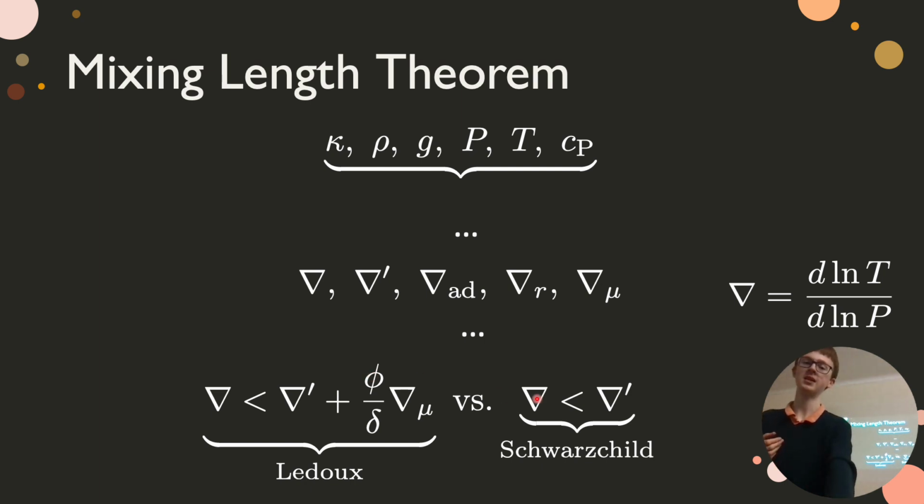Whereas Schwarzschild says it's going to be homogeneous, there's not going to be any of this, it isn't going to matter. So we're going to forget about all this scary molecular weight stuff, because why would you do that?